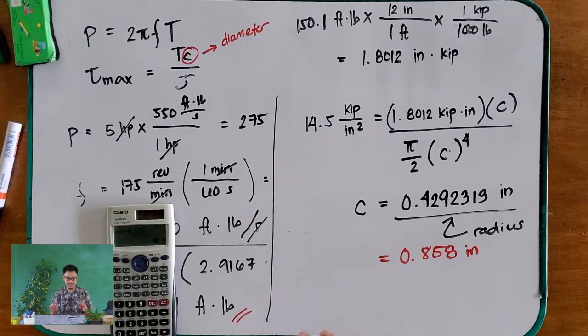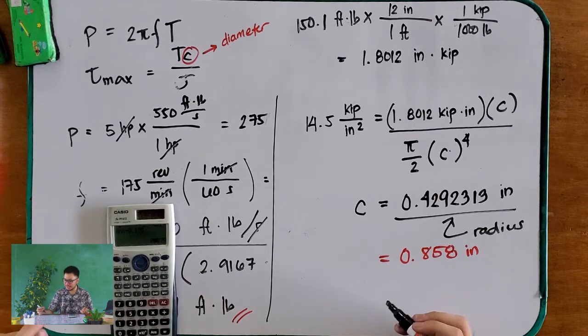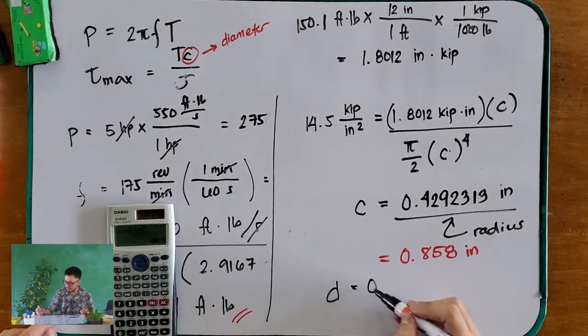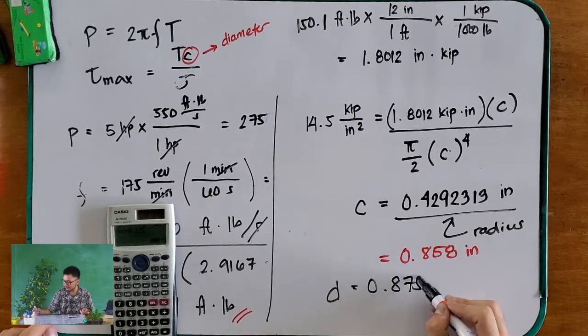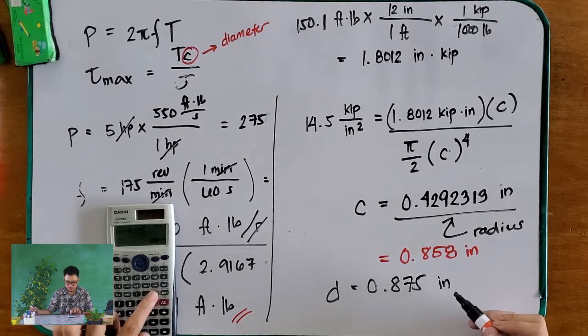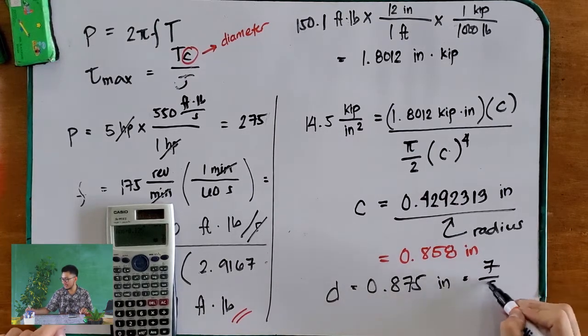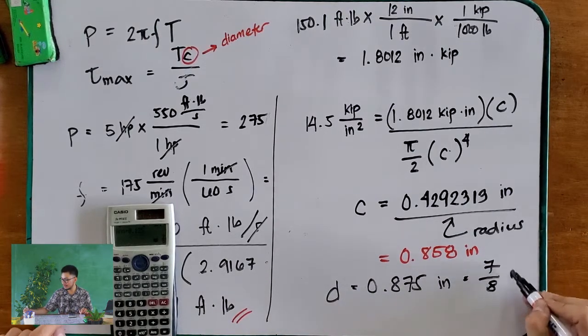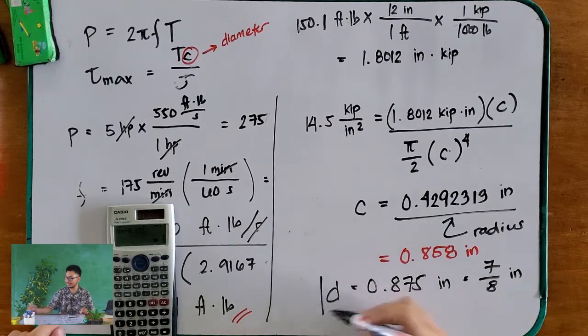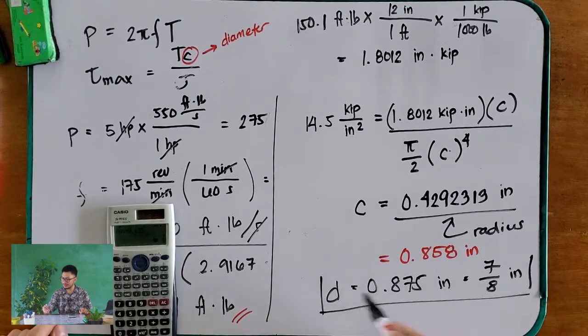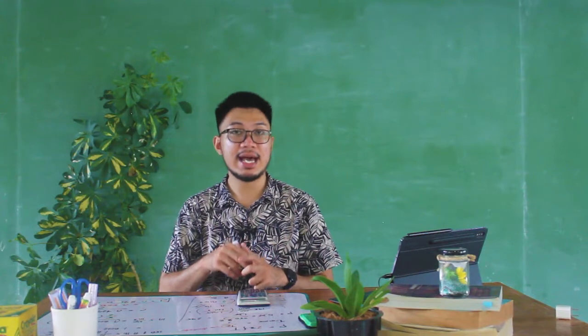And to get the closest 1/8 inch, the closest 1/8 inch is 0.875 inch. Or that is 7/8 inch. And this is your final answer.